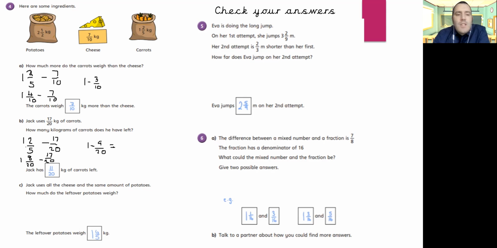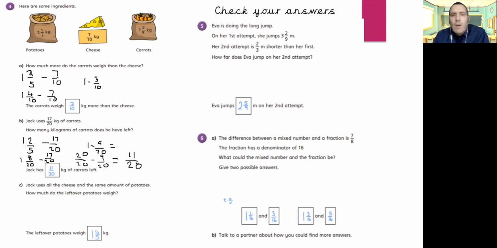So 20/20 take away 9/20 would be one way of writing this out that would help us. So we have 20/20 take away 9/20 gives us our 11/20 there. It's the same procedure for part C as well. It's all about the equivalent fractions and working through.